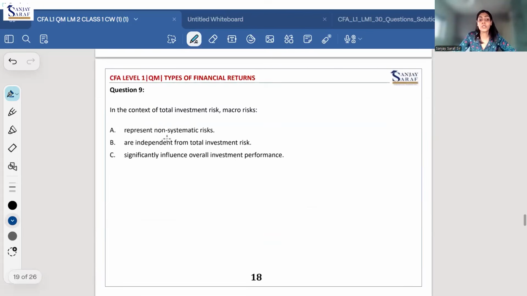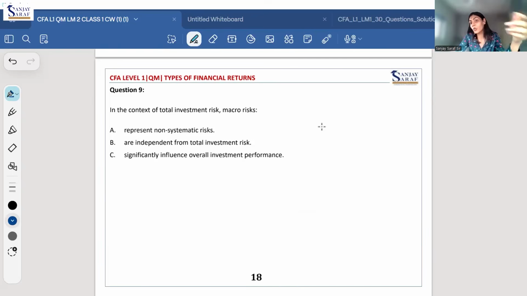In the context of total investment risk, macro risk represents non-systematic risk, are independent from total investment risk, significantly influence overall investment performance. In the context of... Devesh, please read the question again. जरूरी नहीं है ना कि मैक्रो रिस्क सिग्निफिकेंटली इन्फ्लुएंस करे.